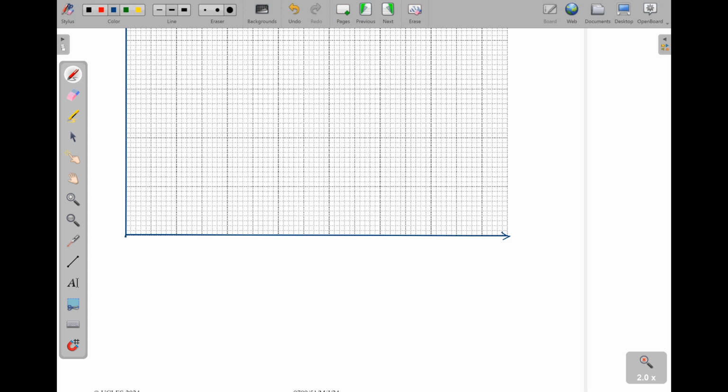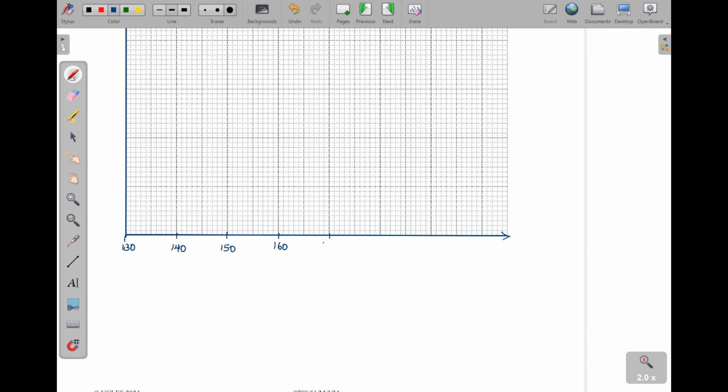So I can put here 130, and then I can skip 10 small boxes. So this will be 140, this is 150. The scale has to be uniform for this horizontal axis, so you have to be very careful here.